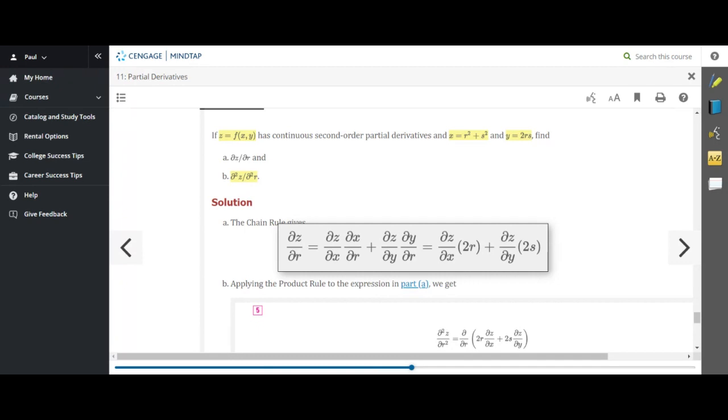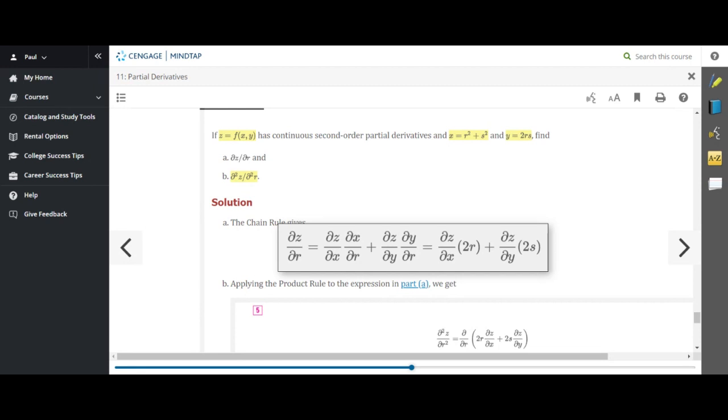Except x and y were functions of s and t, but it's the same kind of thing here. There's the chain rule, and your answer is going to be the partial derivative of z with respect to r is the partial derivative of z with respect to x times 2r plus the partial derivative of z with respect to y times 2s.